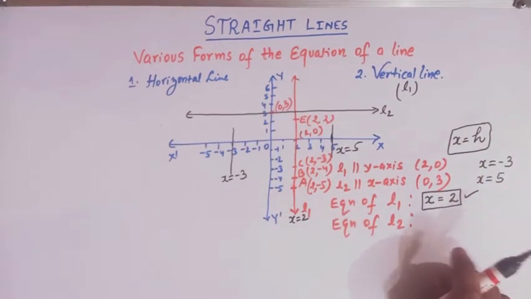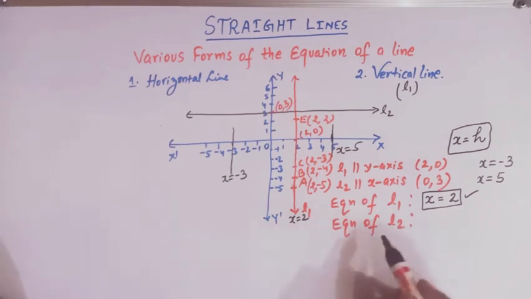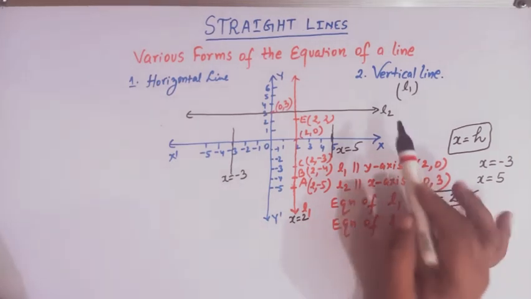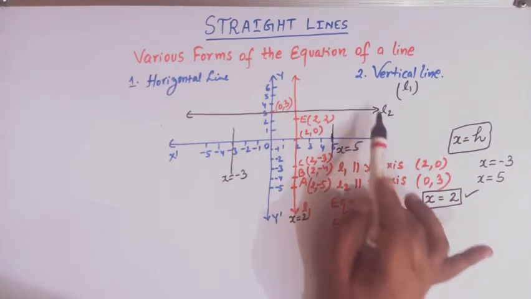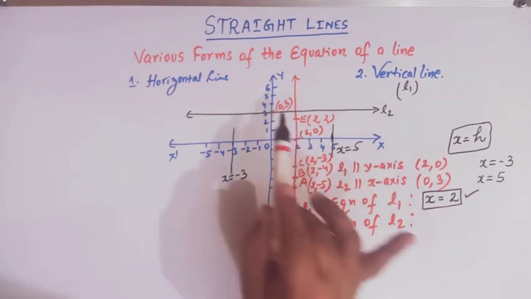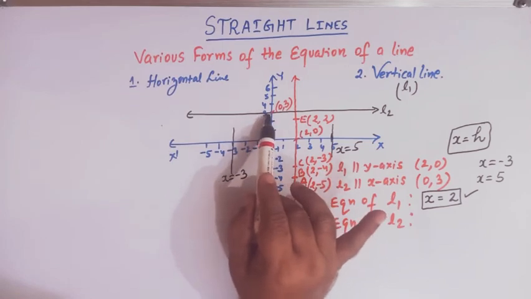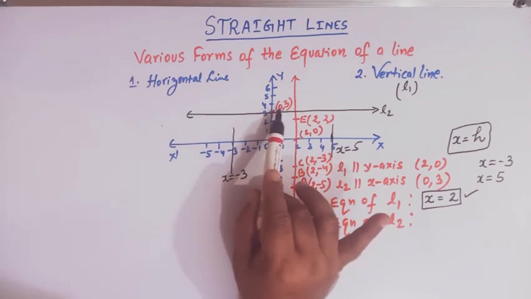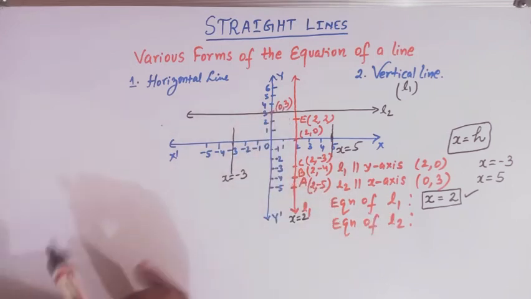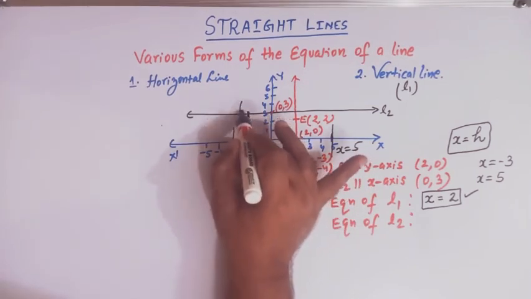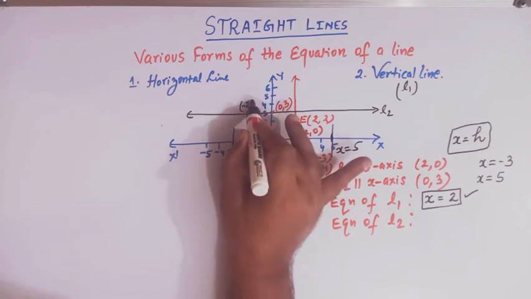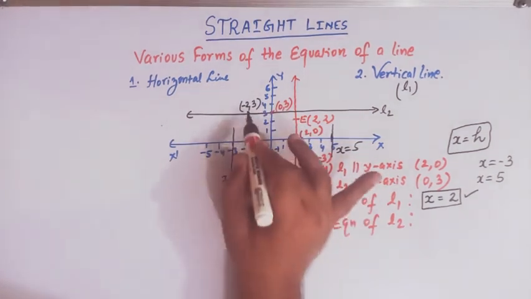Okay, now let us find the equation of this line L2. Now see, here L2 is parallel to the x-axis, right? And it passes through the point whose coordinates are 0, 3. Now suppose I take a point here, and the coordinates of this point are, say, minus 2, 3, right?